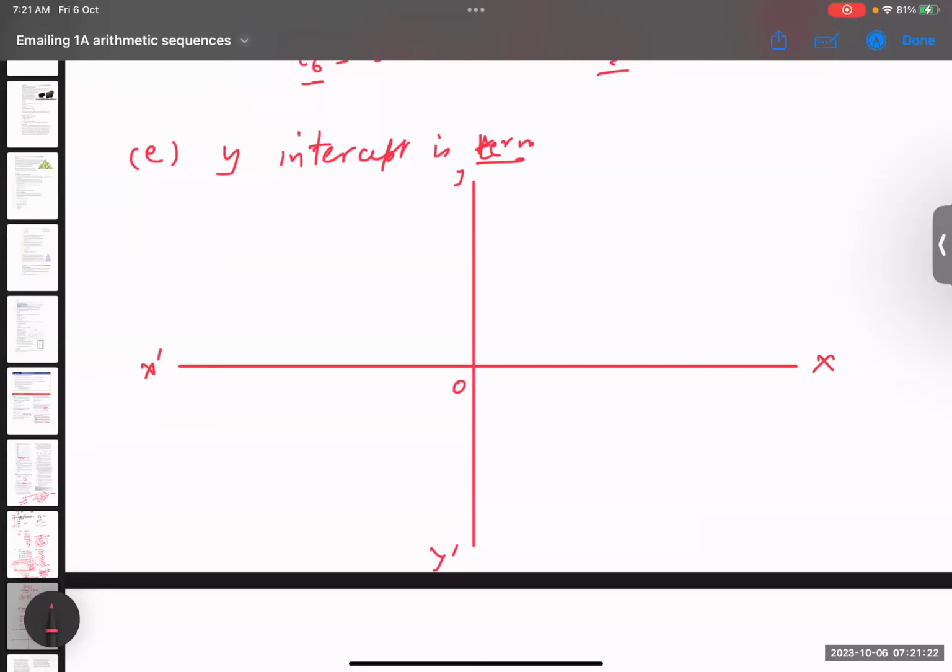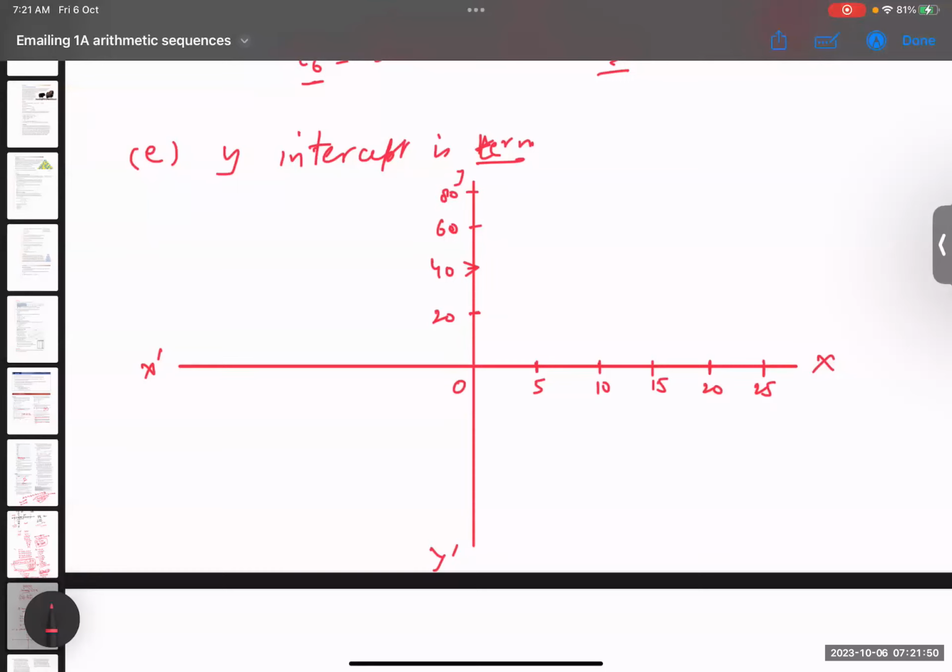Listen. 0. I'm taking 5. I'm taking 10. Then I'm taking 15. Then 20. I'm taking 25. Is it clear? That is my own perception. Now I am taking the points as 20, 40, 60, 80.